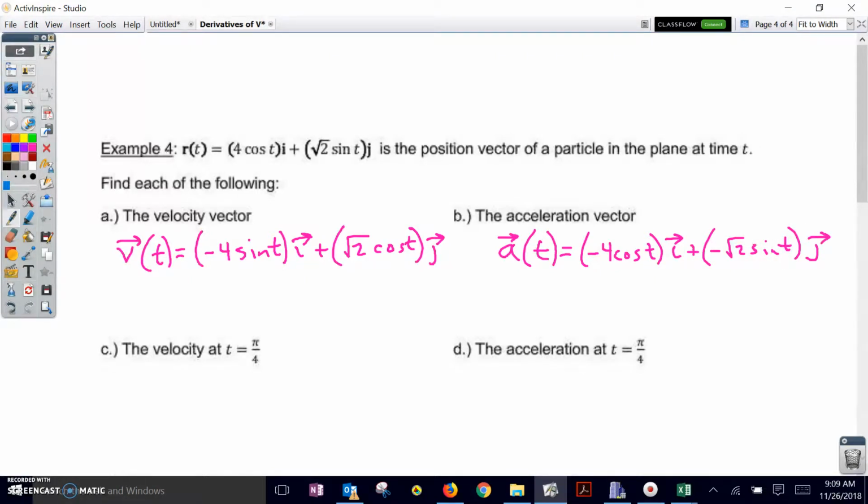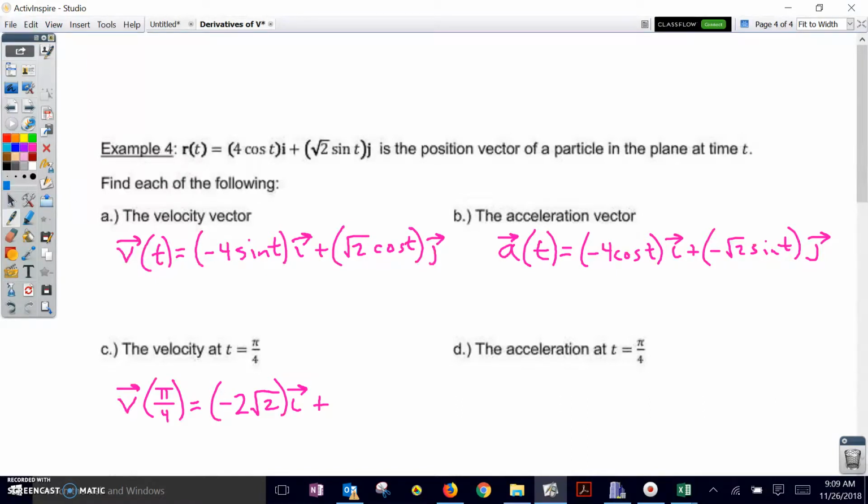Alright, next we're supposed to find the velocity at time equals pi over 4. In order to do that, we're just going to substitute pi over 4 into the vector-valued function for the velocity. So we've got negative 4 sine of pi over 4. Sine of pi over 4 is root 2 over 2. So this is going to just be negative 2 root 2 i.